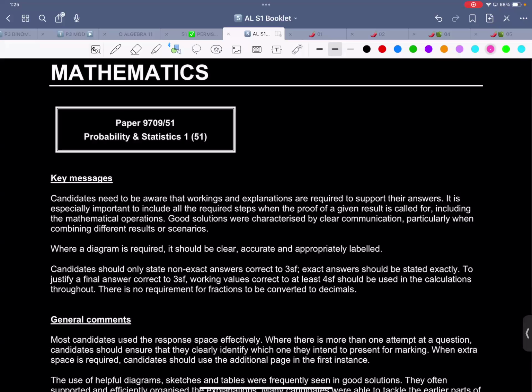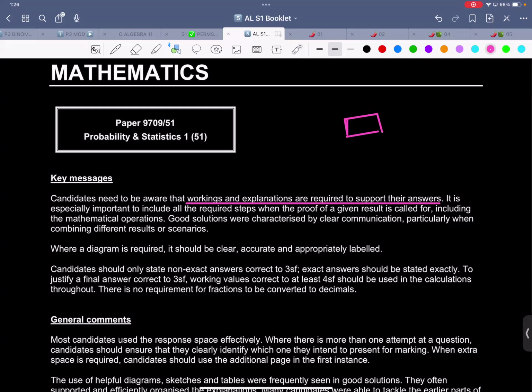Candidates need to be aware that working and explanations are required to support the answers. That means, even though it's something very basic, that if there is division by 2 factorial for identical 2 A's, make a habit of writing 2 A's. Make a habit of drawing boxes and so on.